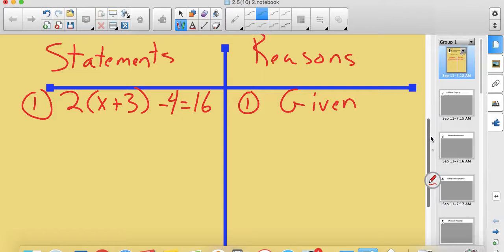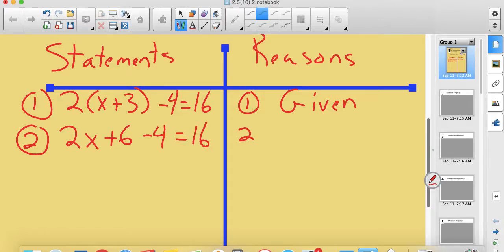Right? For me, the first thing I'm going to do is get rid of my parentheses. So I'm going to take that 2 and multiply it into those parentheses. 2 times x is 2x. 2 times 3 is 6. Minus 4 equals 16. Now, the reason. What did we do?